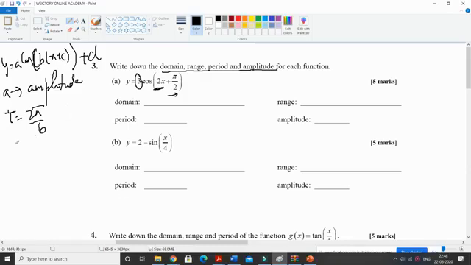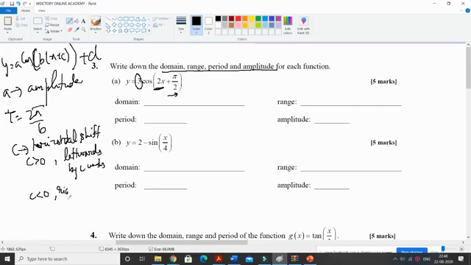C is the horizontal shift. So if C is greater than 0, it will shift leftwards by C units. Okay, and C less than 0, a rightwards shift by C units.